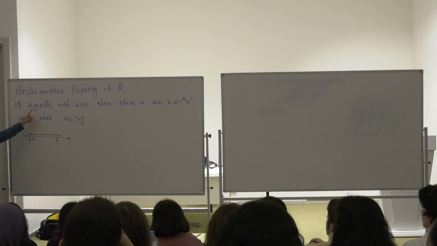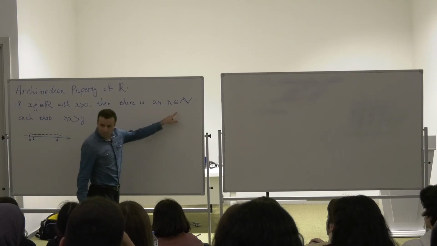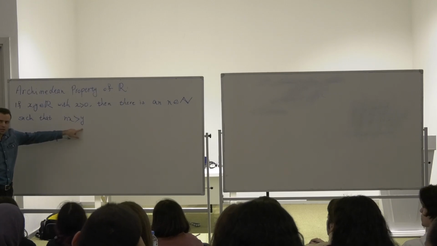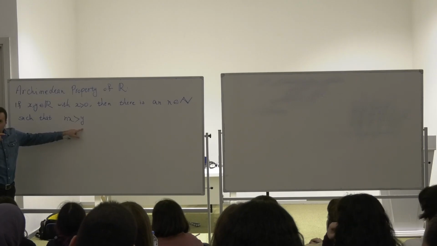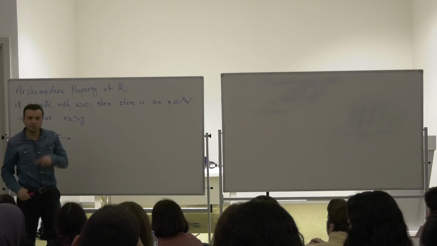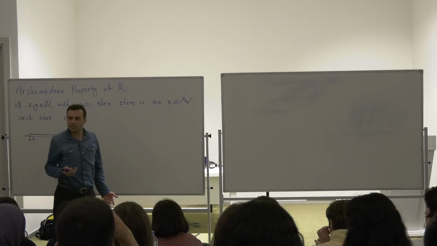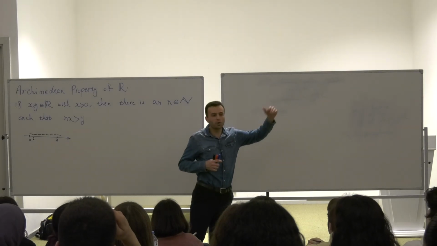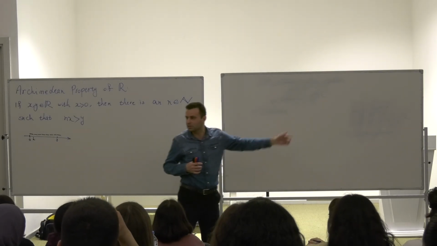It means that for any real number y that you take, there is a natural number n such that n times 1, which is n, is greater than y. What does this mean? Any real number that you take, we can always find a natural number bigger than that, right? What does this mean then? It also means that the set of natural numbers is not bounded from above. We can always find bigger and bigger natural numbers.